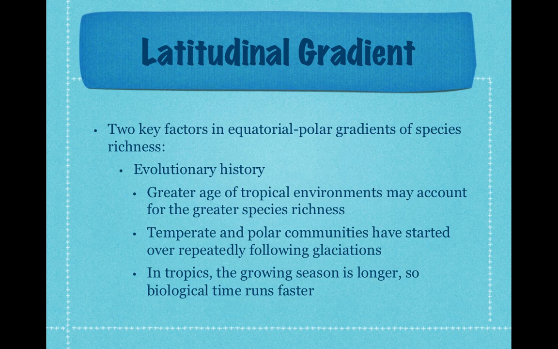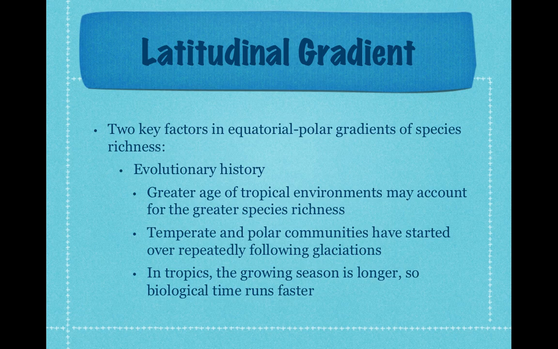When you go further out into the temperate and polar communities, those communities have constantly been stopped and started over time by glaciation, ice ages. Glaciers come in, they wipe out the communities that have started building there, they retreat, and now those communities have to start all over again.